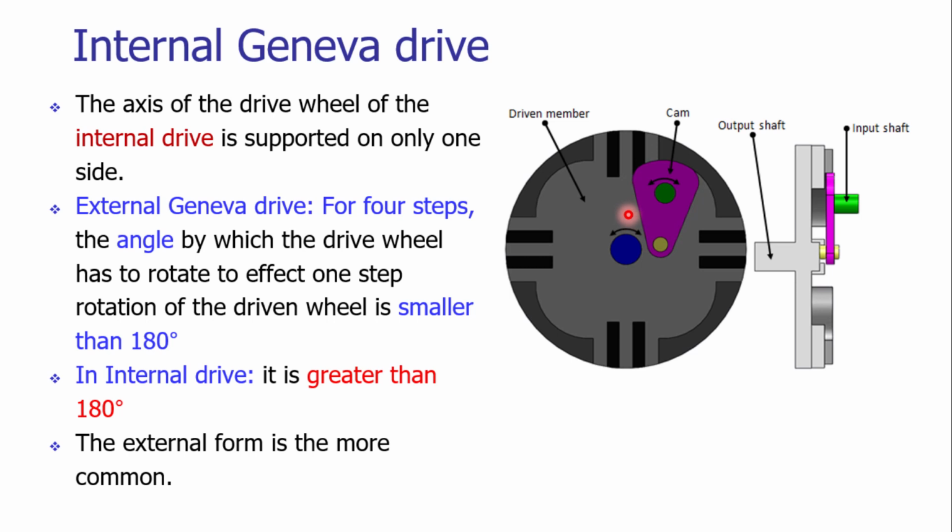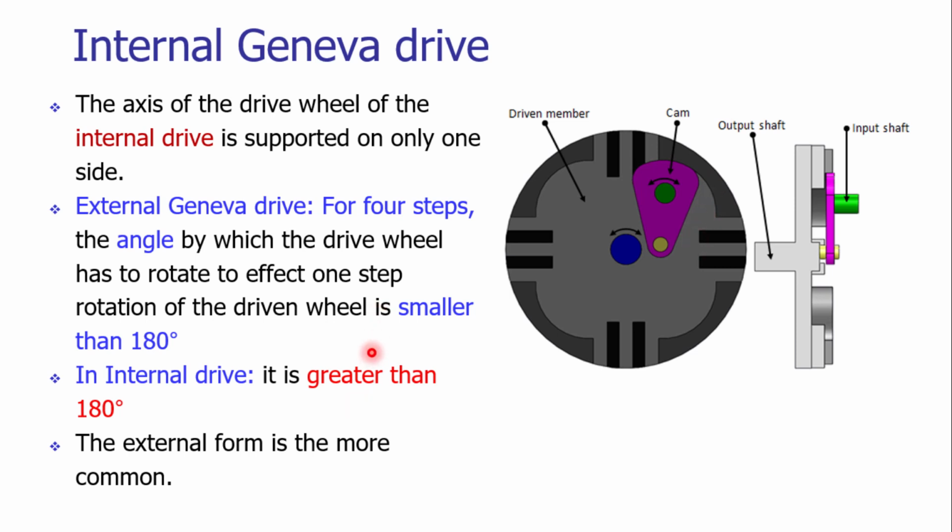As we rotate this cam, the pin will come into contact with the slot, and as the cam rotates, it drives the driven member. And to have continuous contact, the outer portion of the cam would be in contact with the internal portion of the driven member, which is cut in a peculiar way.